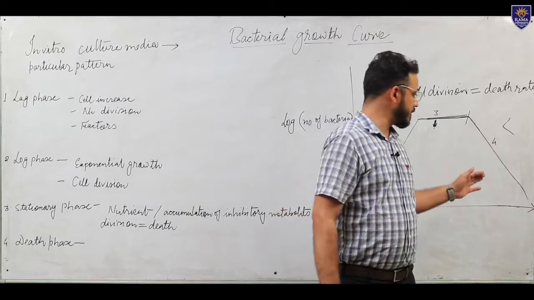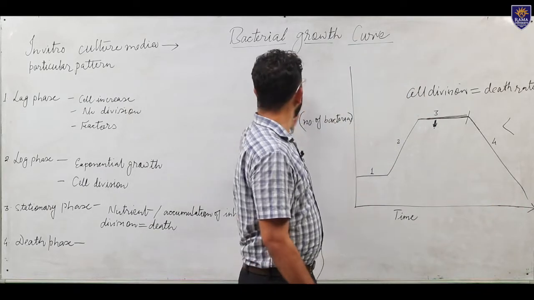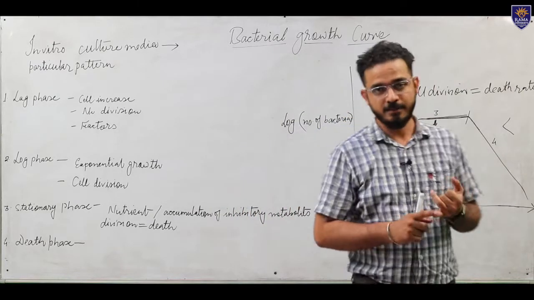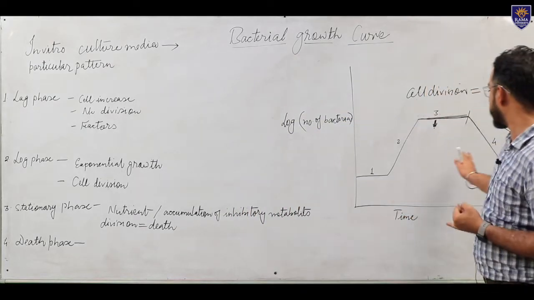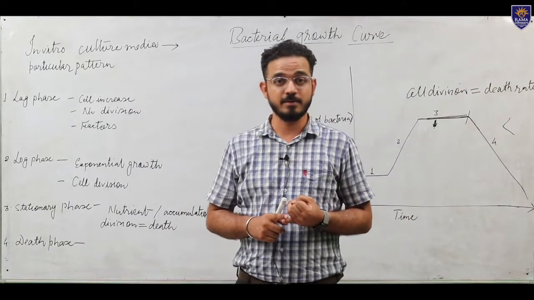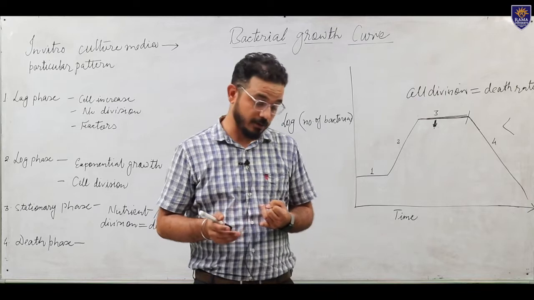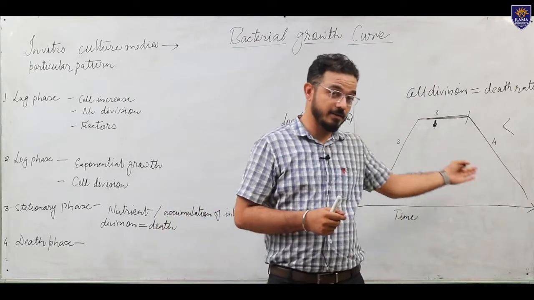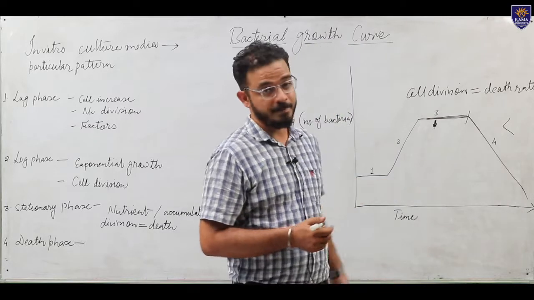So, this is called the bacterial growth curve, and you will notice 4 phases in this curve. The first is the lag phase, the second is the log phase or exponential phase, the third is the stationary phase, and the fourth is the death phase.